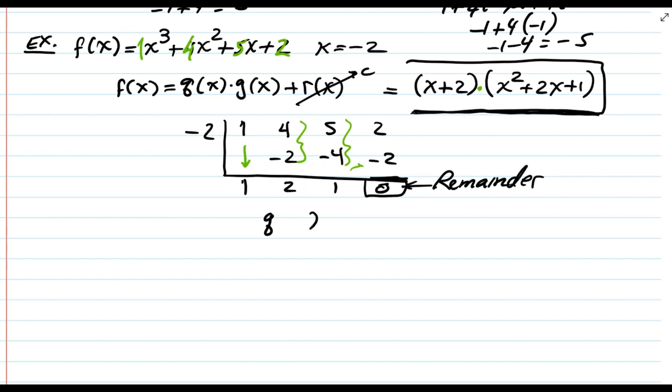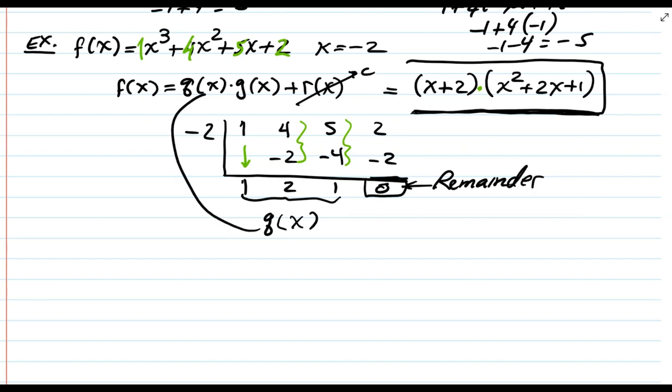So it looks like this one also gives you a remainder of 0. Now, what I had here is that this expression is actually q of x. Okay, q of x is the quotient. It's this one.